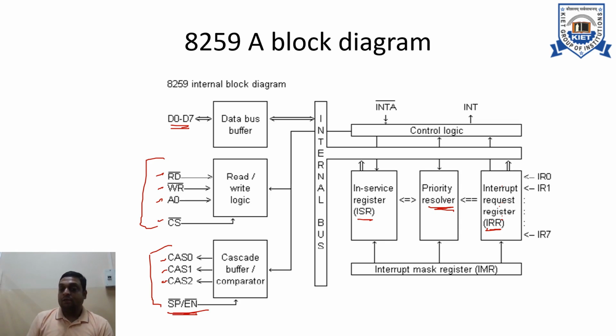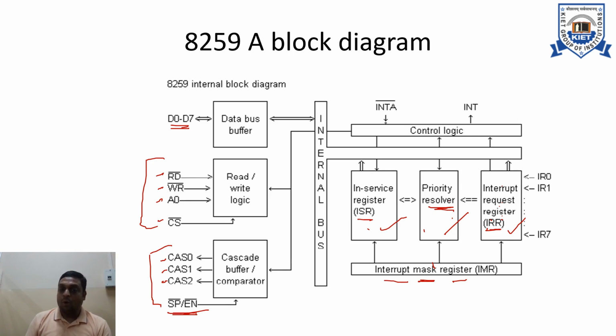At any of these stages, masking can be done. Masking can be done using IMR, that means interrupt mask register. So the interrupt mask register is connected with all these 3 blocks, which means an interrupt can be masked at this stage, also here, and it can be masked here.